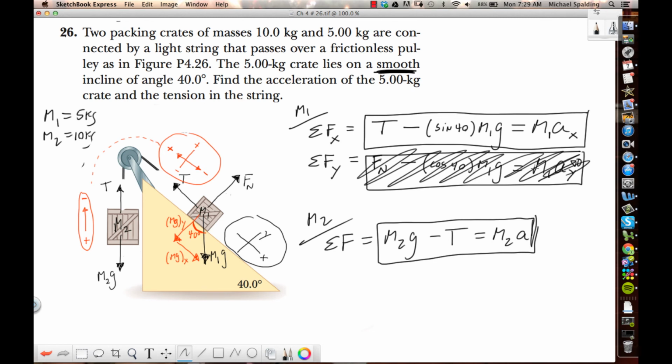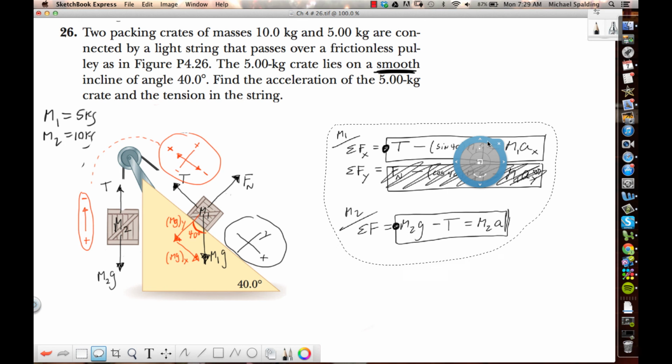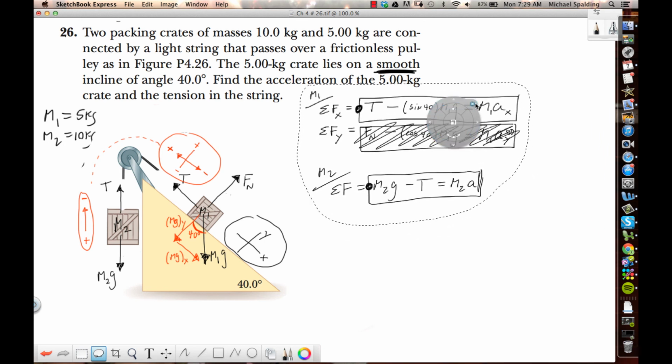This y equation doesn't apply to this problem. So what we're going to be doing is we're going to be taking this equation here and this equation here. What are the two unknowns? T and A. Tension and acceleration.